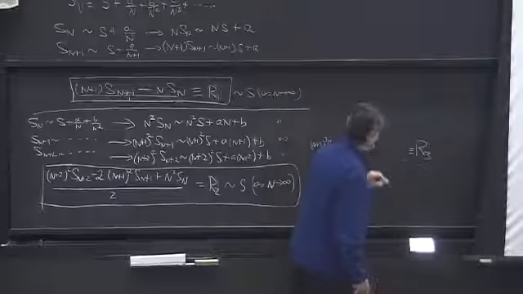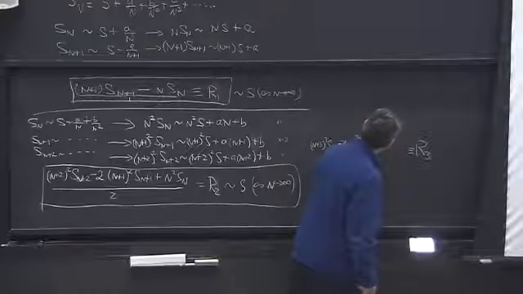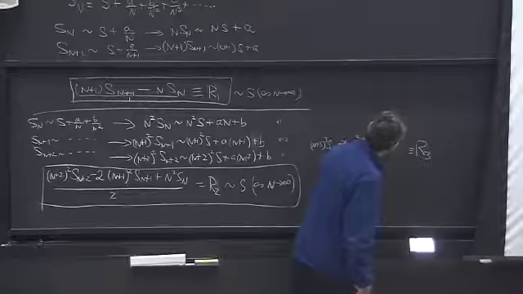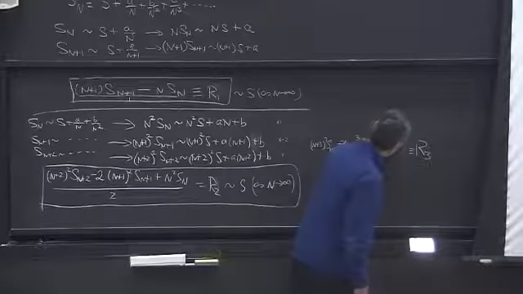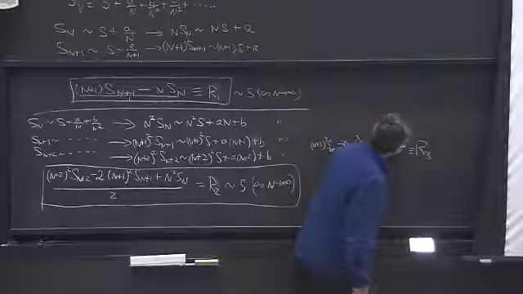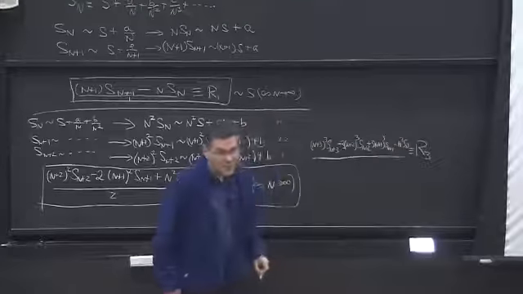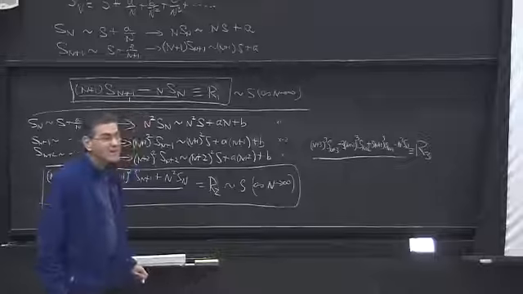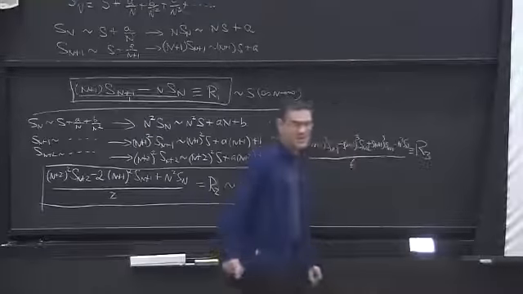Very good. So you see the pattern. n plus 1 cubed Sn plus 1 minus n cubed Sn. And then we're going to have to divide by something. By 3 factorial. That's right. 6.